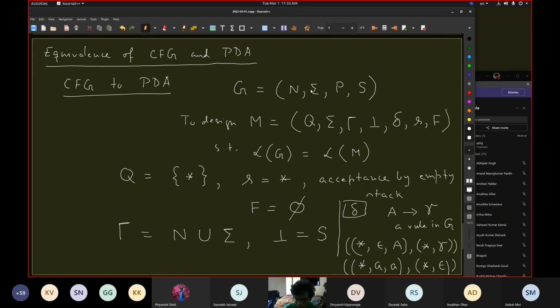Okay, so the idea is this. M simulates a leftmost derivation.